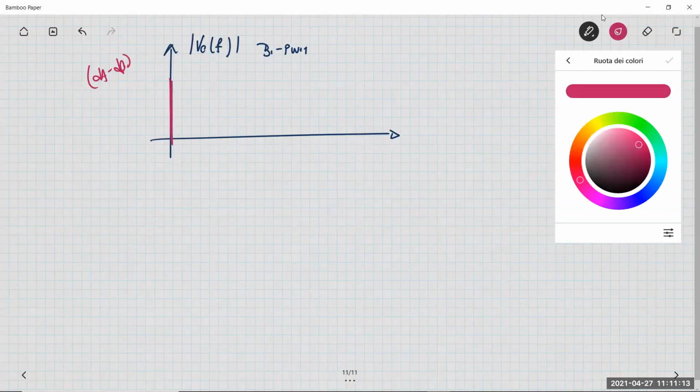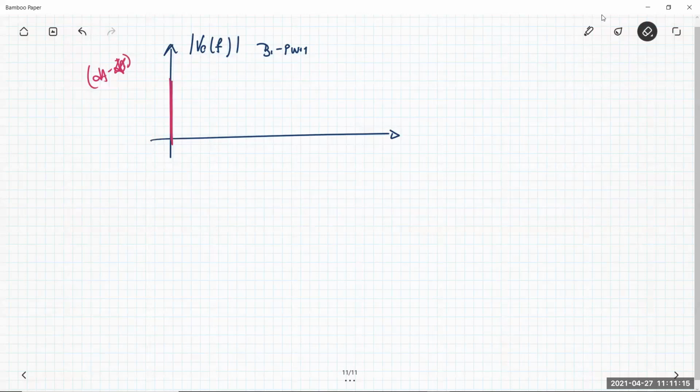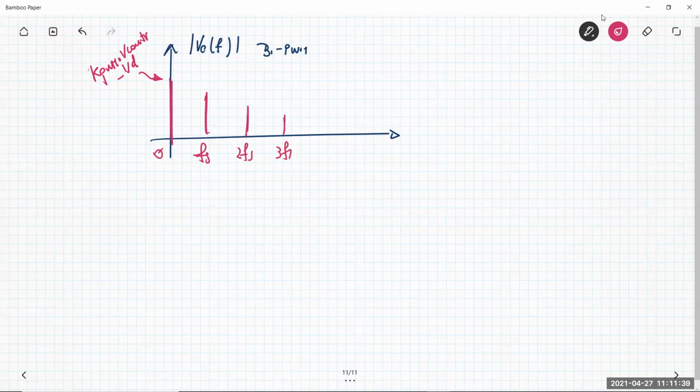This is, let's say, K-pole. Let me put it in this. K-pole is KPWM multiplied by V control minus VD. This is the average value. And then you have Fs, 2Fs, 3Fs. So you have harmonics at integer multiples of the fundamental one.